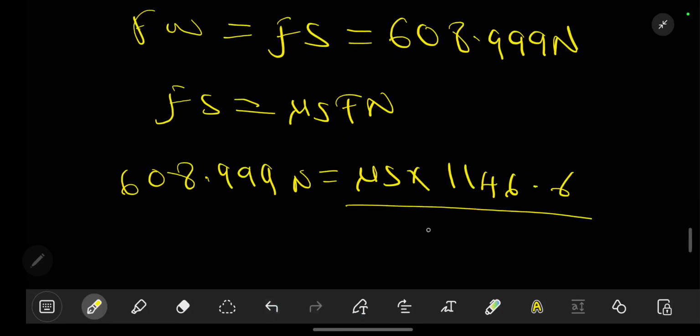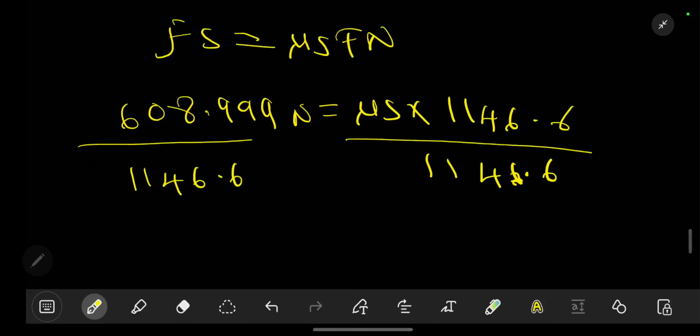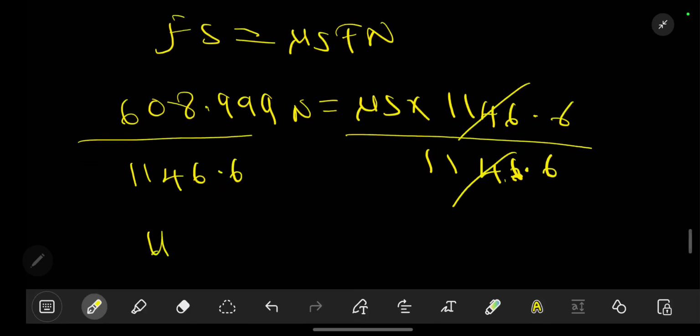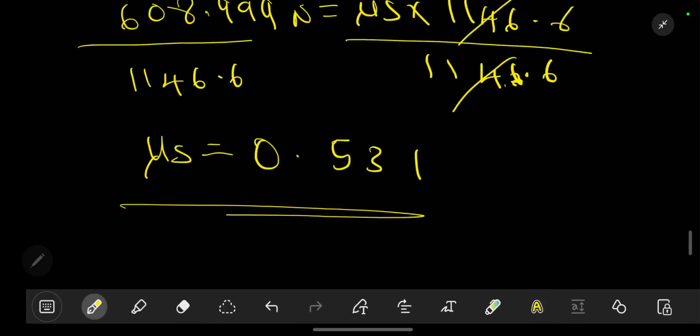So we are going to divide, since we want to leave mu s alone. So mu s should be equal to, when we divide, a value that is equivalent to 0.531. So this is our coefficient of static friction.